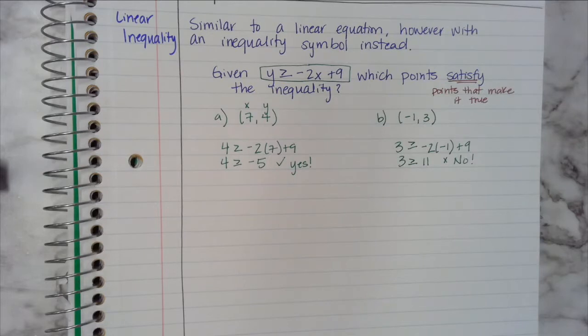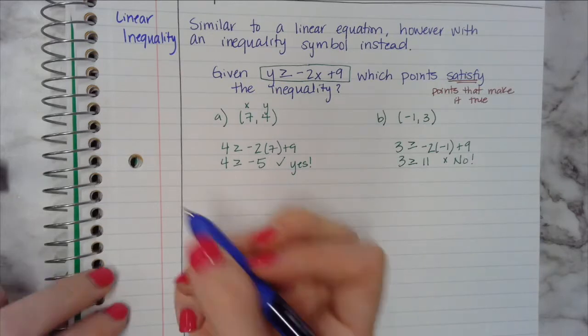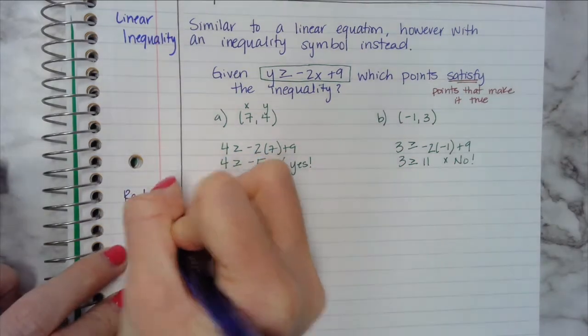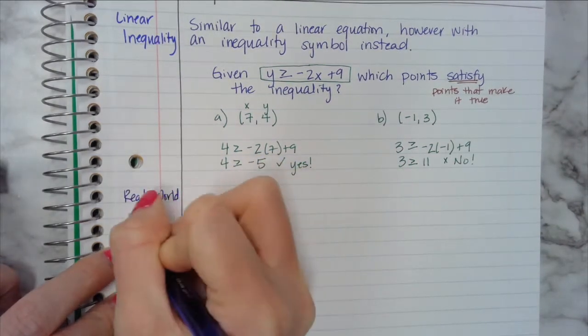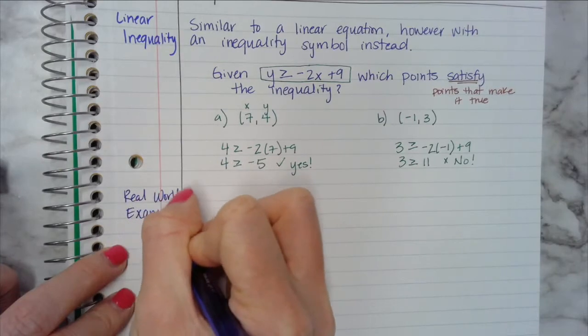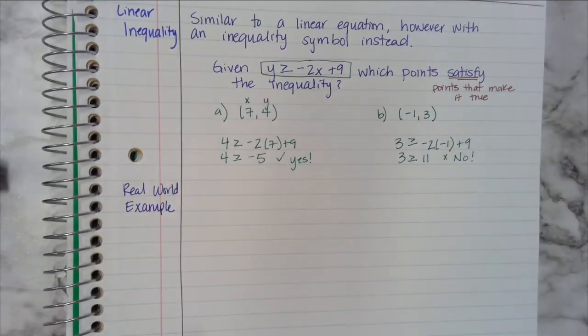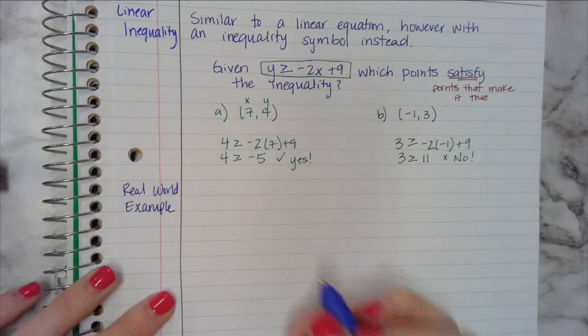So, taking a look at a real-world example, and that's what we'll label our next Q, real-world example. I'm going to go ahead and write down the example and then I'll read it out loud together.